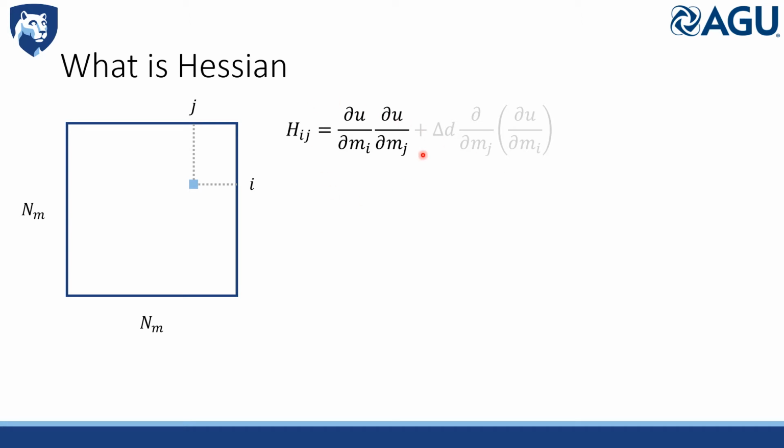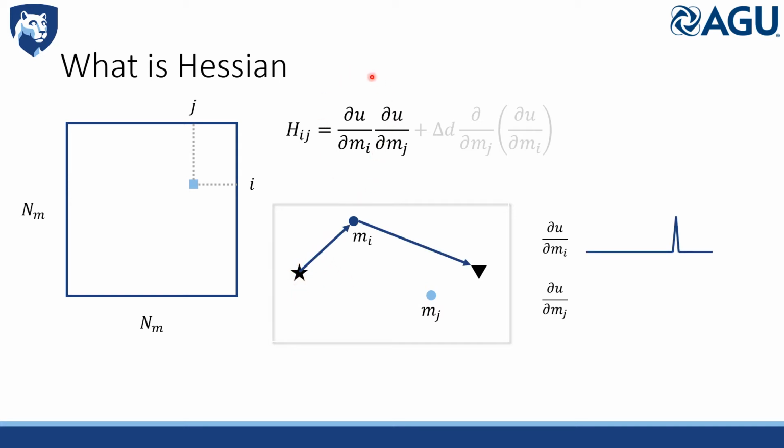The first term is the so-called Gauss-Newton approximate Hessian. Now let's talk about what it physically represents. For example, we consider a 2D model with the source right here and the receiver right here. mi and mj are two model parameters. Say they are velocities at these two locations. Basically, u is the regular wave field excited by the source.